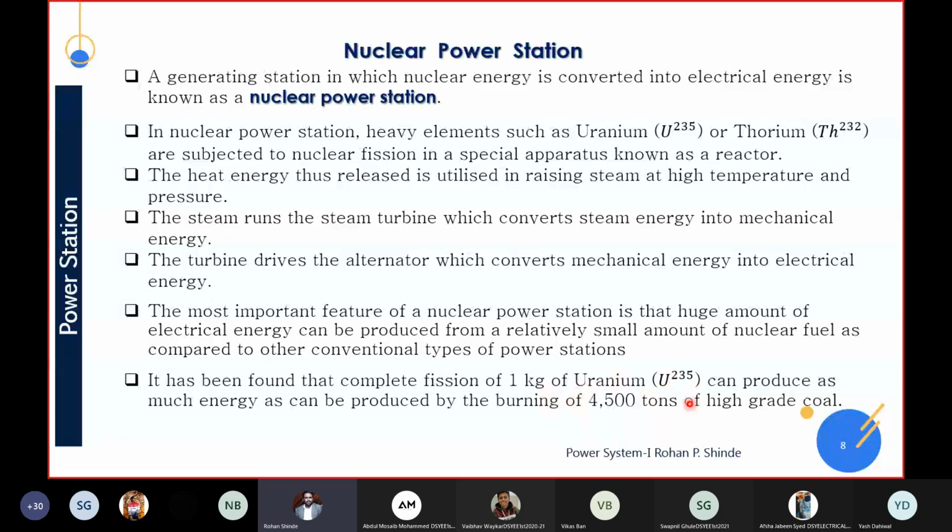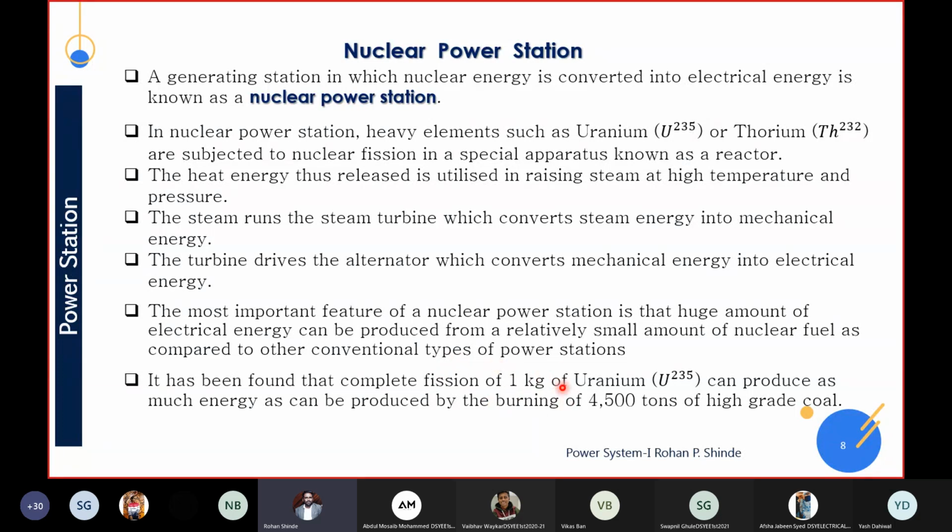But instead of using this amount, if we use 1 kg uranium in a nuclear power station, the same amount of power or energy is produced by this nuclear power station.